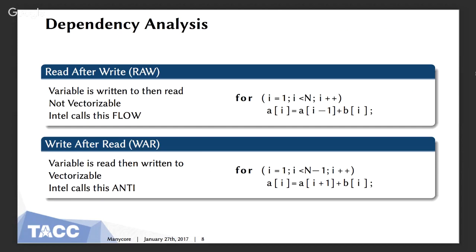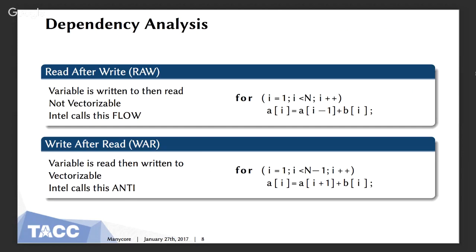So let me just describe a little bit about dependencies and how you can pick them out. The first type of dependency is a read after write dependency. The idea is you write a variable in an earlier iteration, and in a later iteration, you need to read that variable. This is not vectorizable.